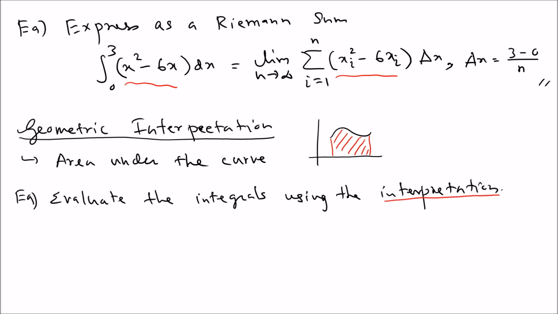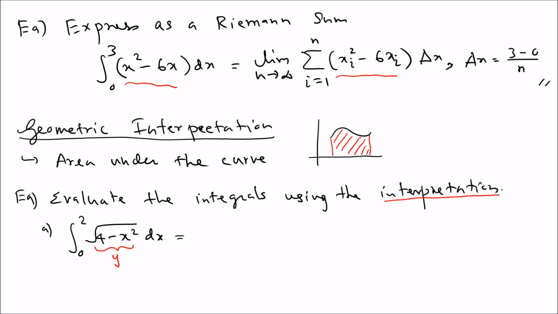For example, let's say you have the integral from 0 to 2 of square root of 4 minus x squared dx. If you get a problem like that, you try to understand what this means. One way to look at that is, let's consider this as y.